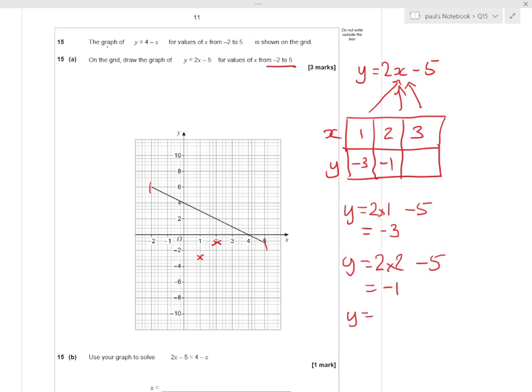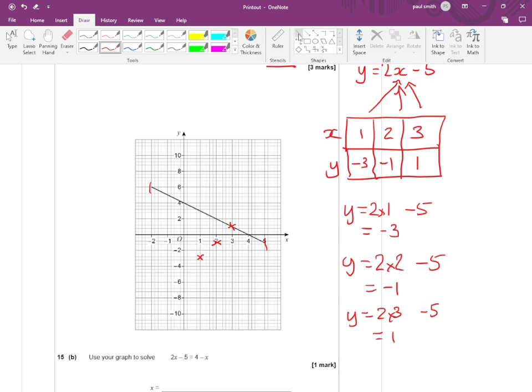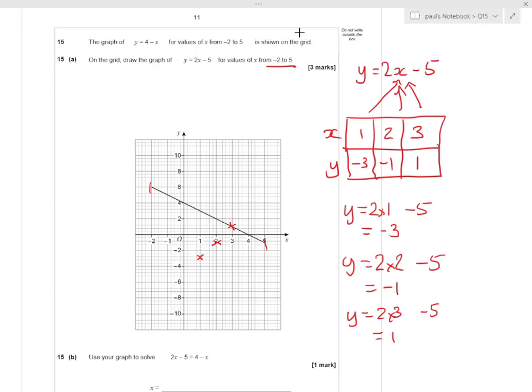So y equals 2 times 3 minus 5, which is 6 minus 5, which equals 1. So when x is 3, y is 1, which is there. Okay. Now, they look as though they're in more or less of a straight line. Not the world's best at doing these, but especially not with a ruler, it would be much easier, yeah?